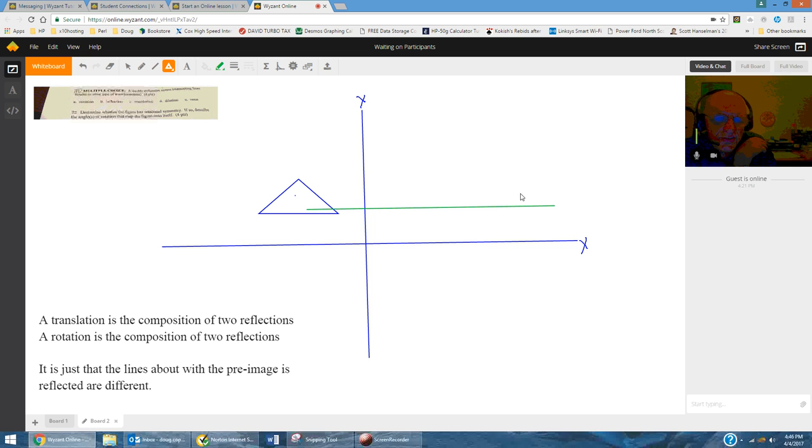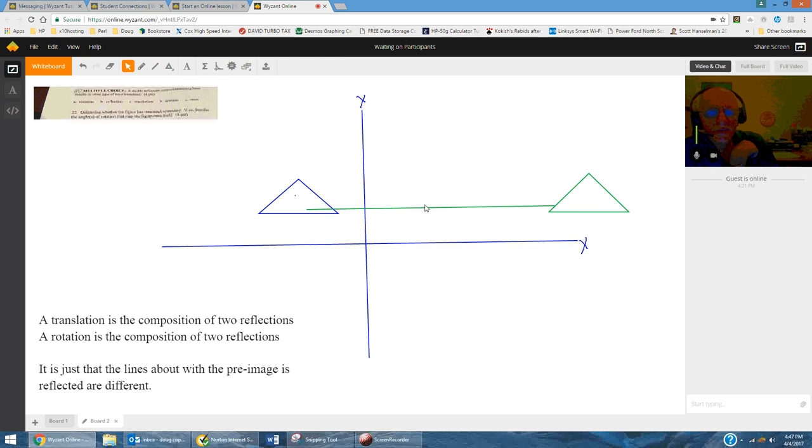I might not get it exactly the same shape, but you get the idea. So I moved this triangle to the right by sliding it. And it's still got the same shape and size. It's congruent, or at least it's supposed to be.